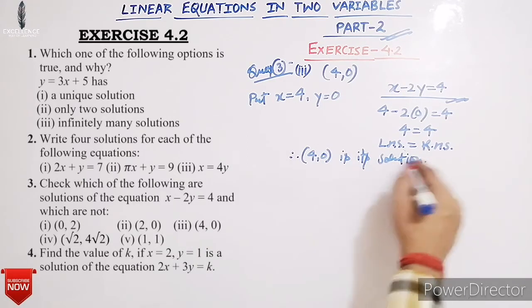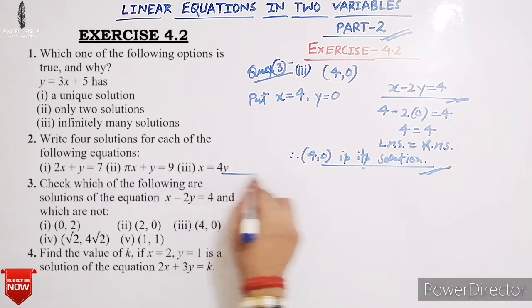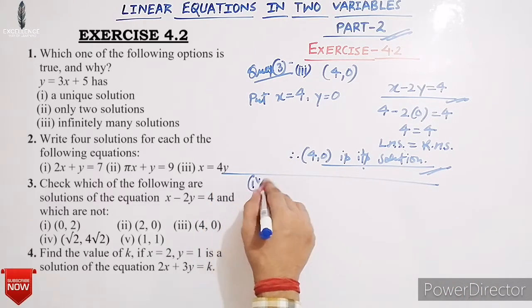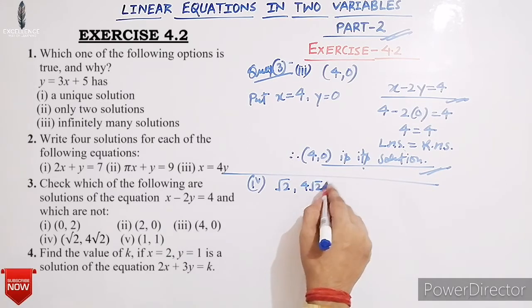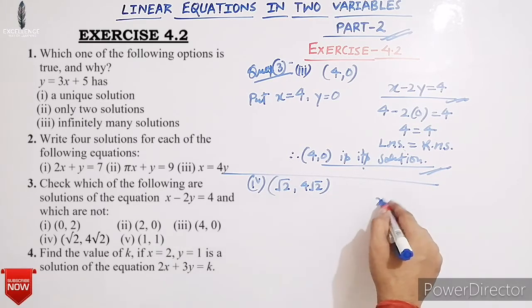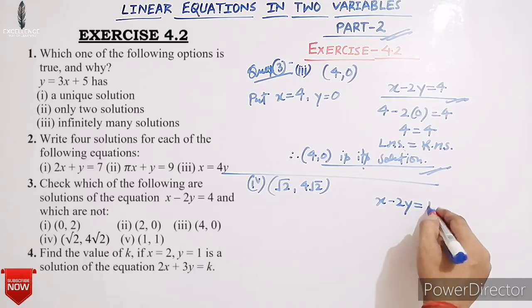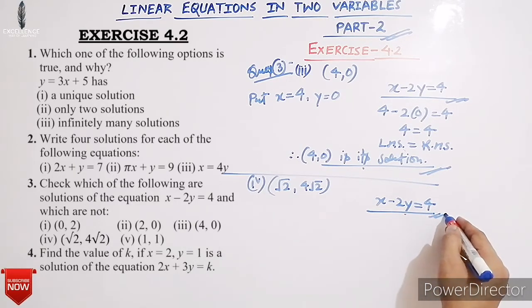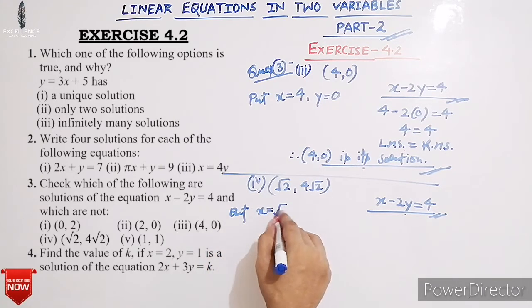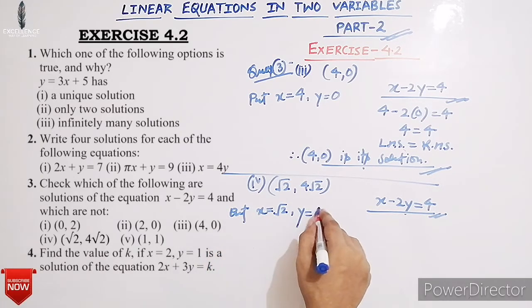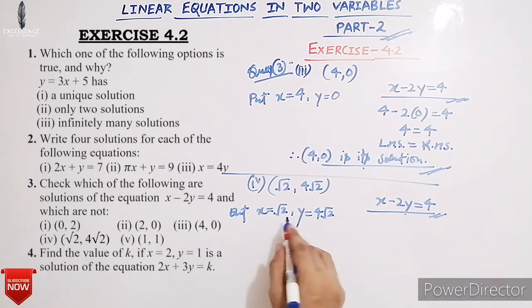Okay students, now next, here (root 2, 4 root 2). Our equation is x minus 2y equals 4. Now put x equals root 2 and y equals 4 root 2 in this equation.